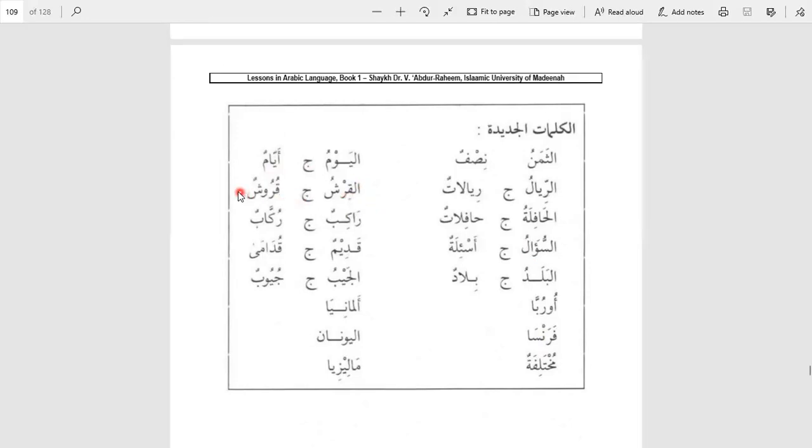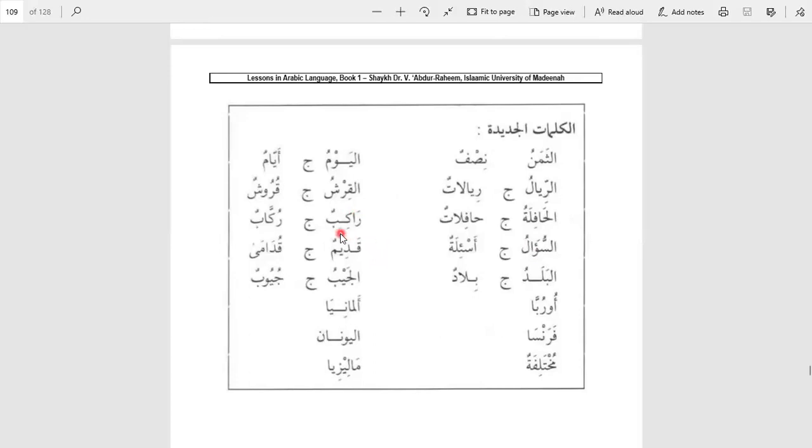Qirsh, qurush, this is money, change of money, or some piastres, so money.